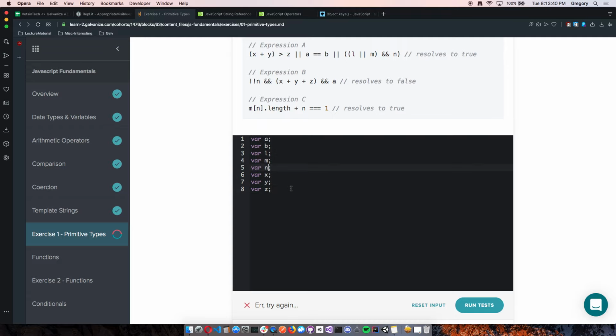Because it's in... No, it's so M should be an array. M is an array, and then the length would be added to the length. Oh my gosh.